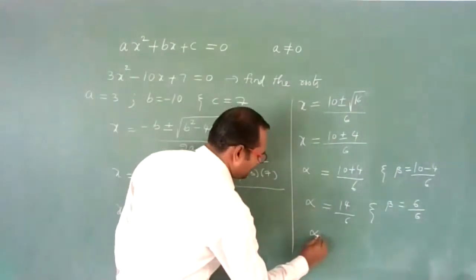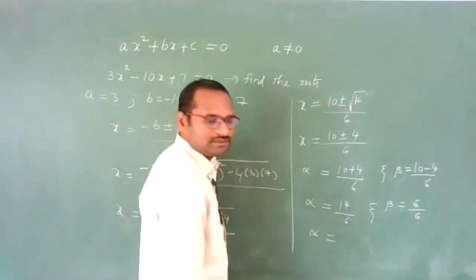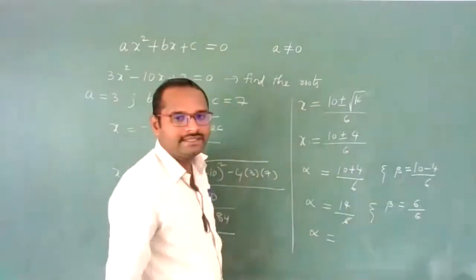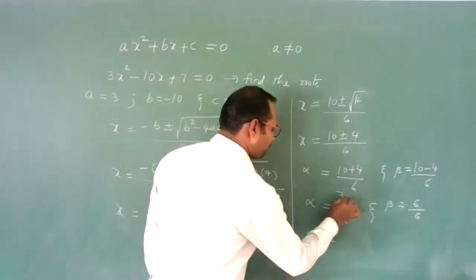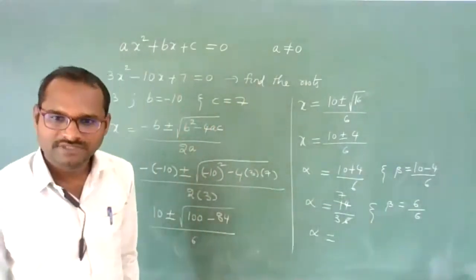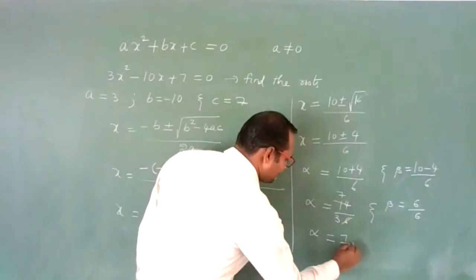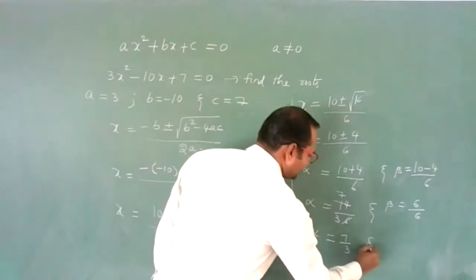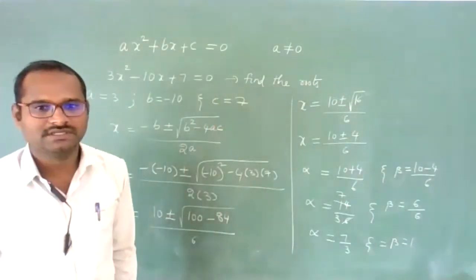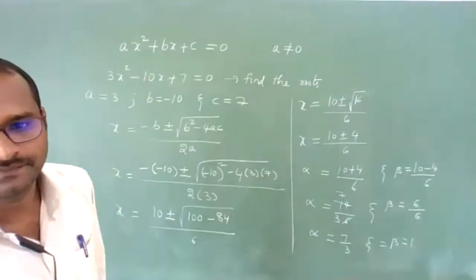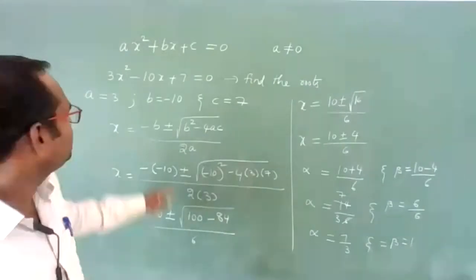So alpha will become, dividing by 2, 2 3s are 6 and 2 7s are 14. Correct? It is 7 by 3 is one root and another root is 1. These are the roots of this equation.